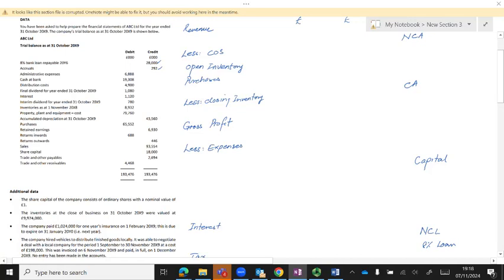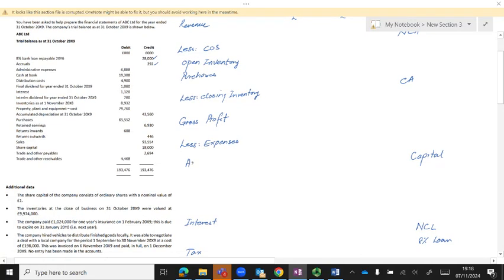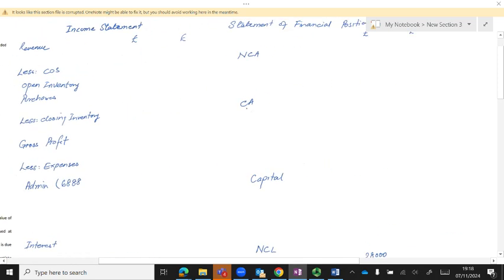Next, administration expenses. I'm going to open a bracket and write 6888 because I know that there will be some changes into this administration expenses. Next is cash, 19308.